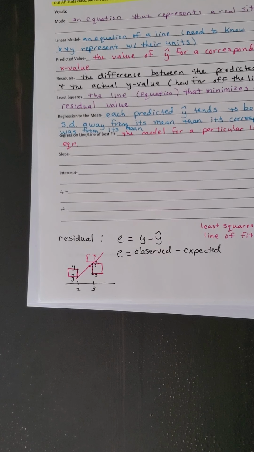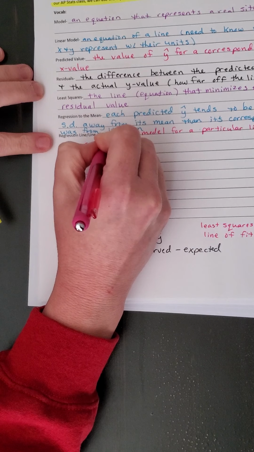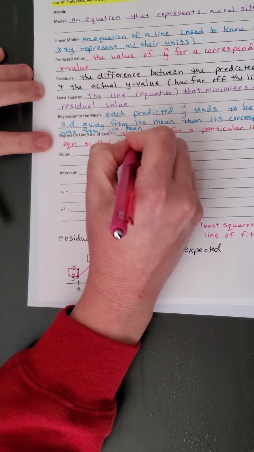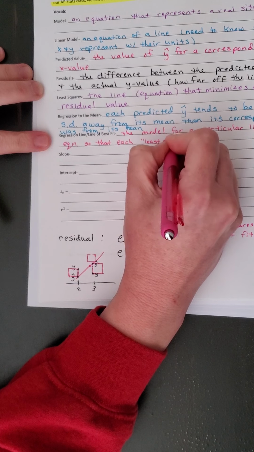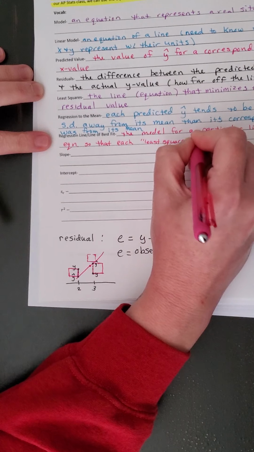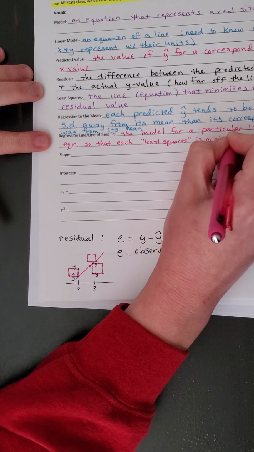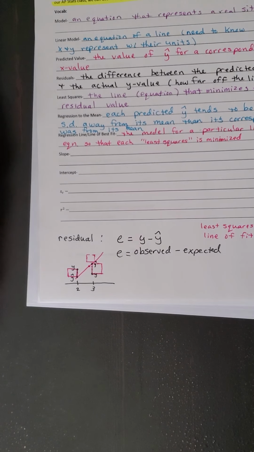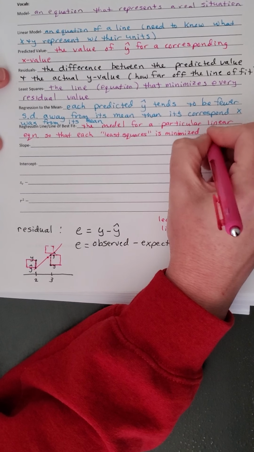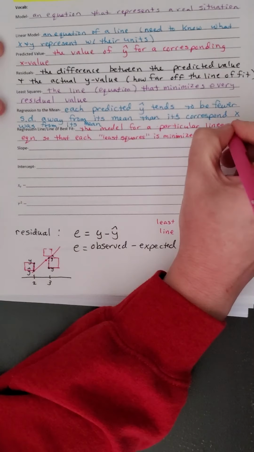It satisfies the least squares criterion, but we usually just call it the line of fit, so that each least square is minimized, so that all of these areas are minimized. And the equation is y hat equals a plus bx in our calculator.